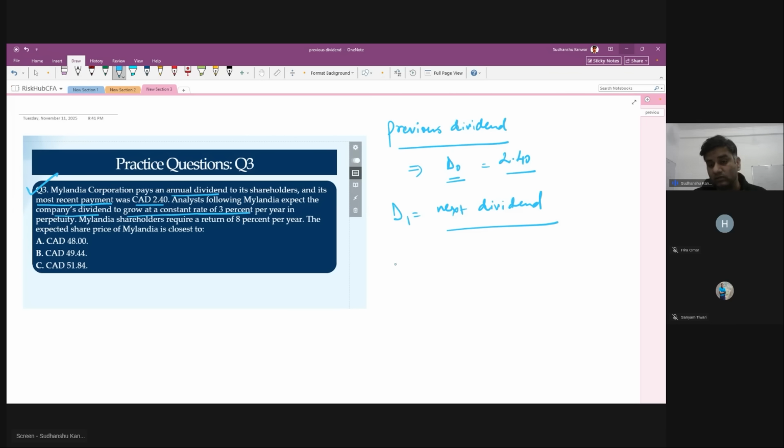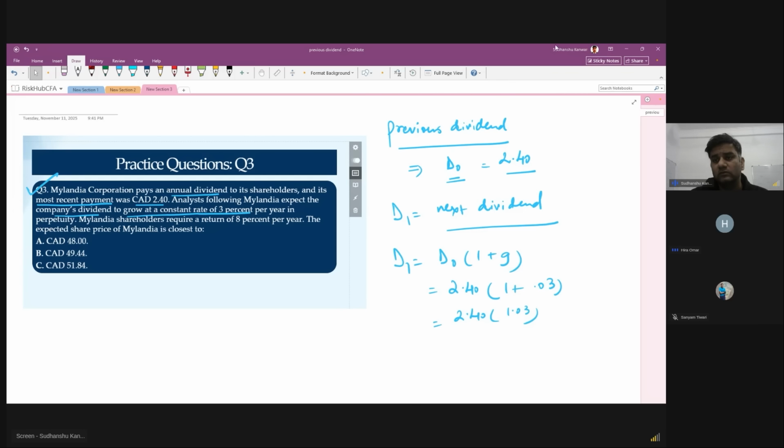They want the dividend to grow. So D1 is equal to D naught times (1 plus g), which we studied yesterday also. So 2.40 times (1 plus 0.03), so 2.40 multiplied by 1.03.